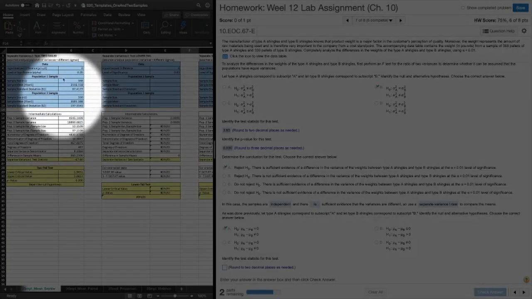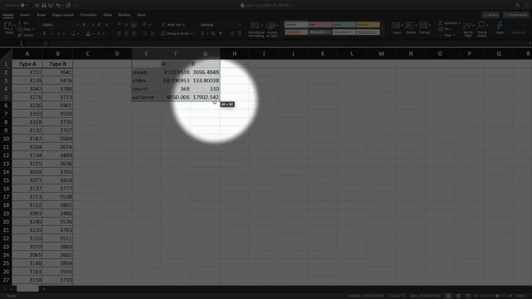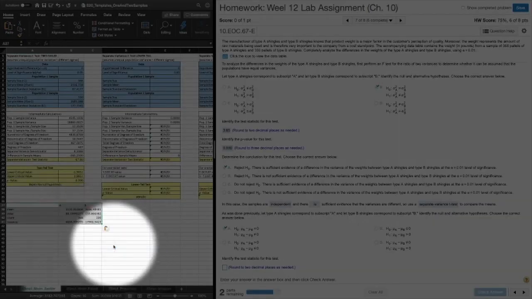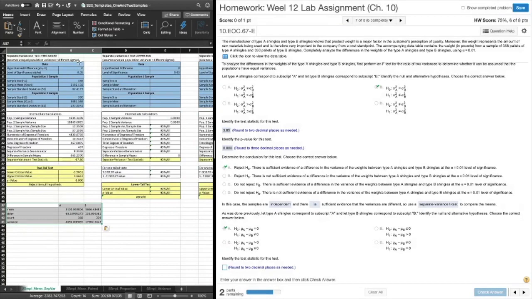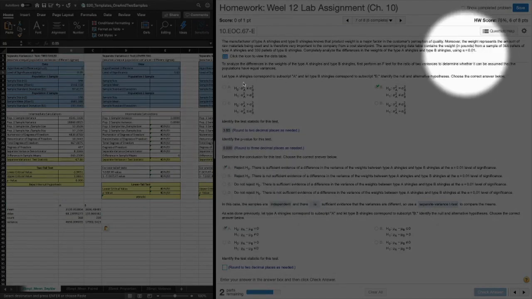We got to go punch in our data into the two-tailed test, but we already have that. Right here, we computed all of this. Let me copy this again. So the hypothesized difference is 0. We want alpha equals 0.001.